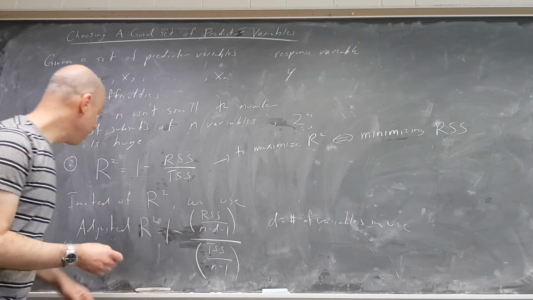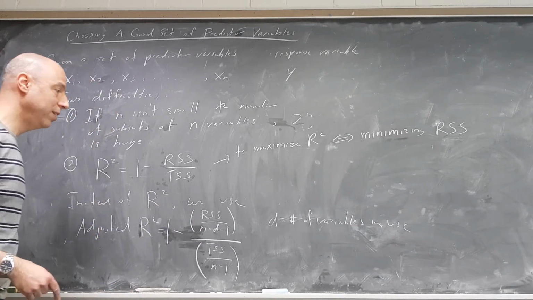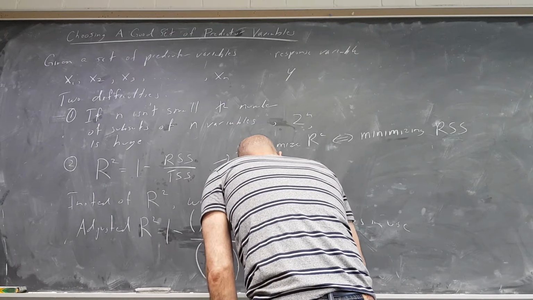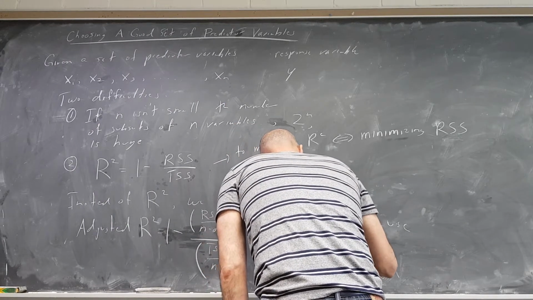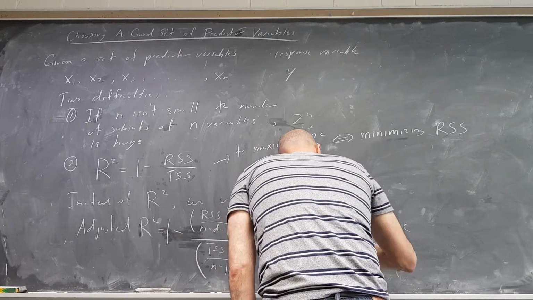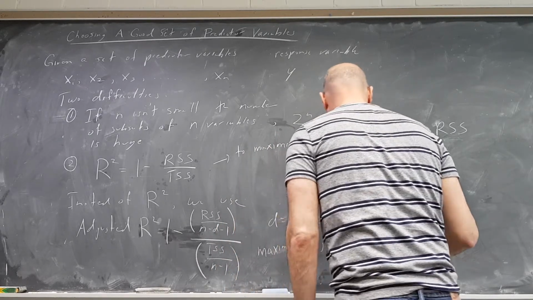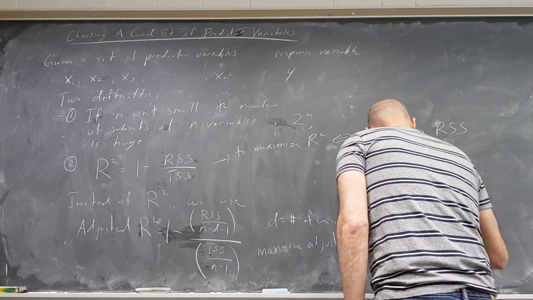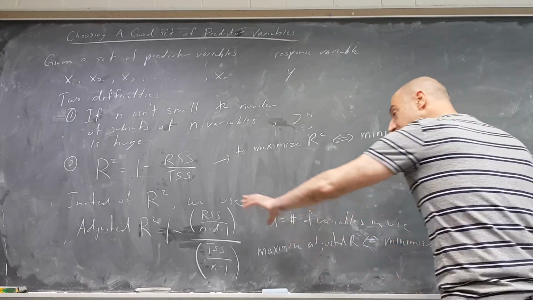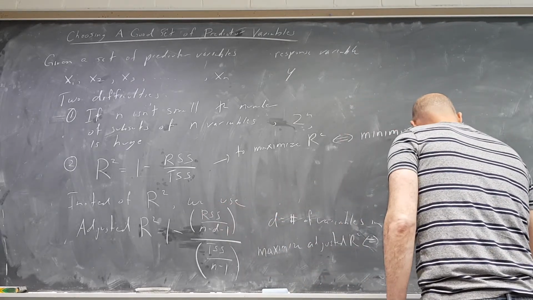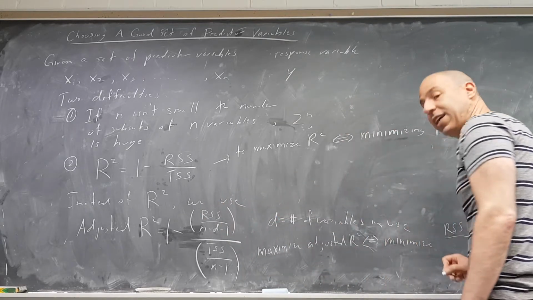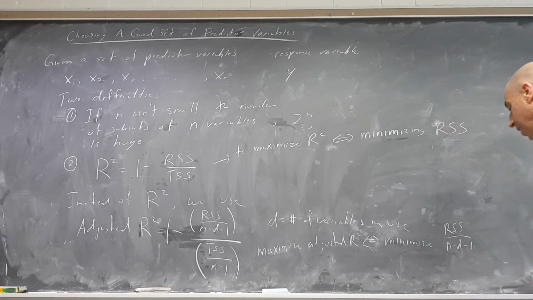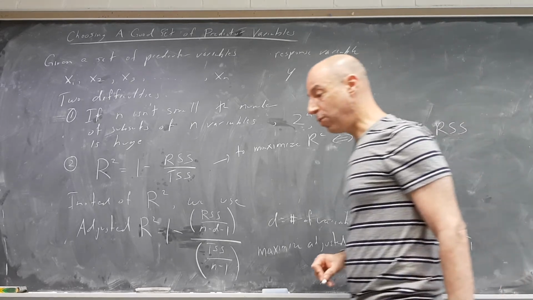So to maximize adjusted R squared, what you want to minimize is the numerator here: RSS over n minus d minus 1.